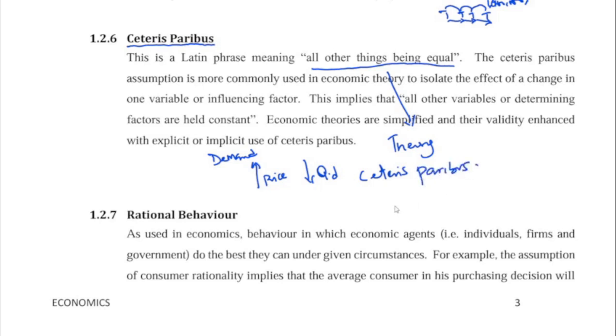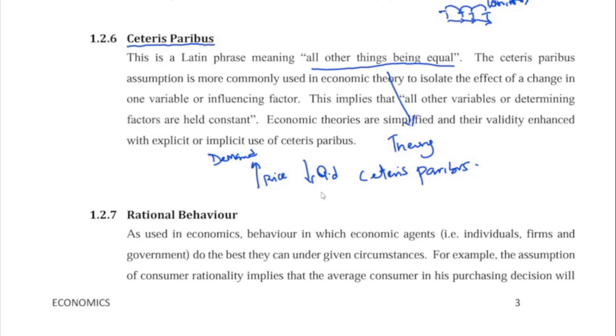Why did I have to put Ceteris Paribus? Because it's not all the time that the higher the price, the lower the quantity demanded is going to be true, because there are other factors that would make this not to be true.